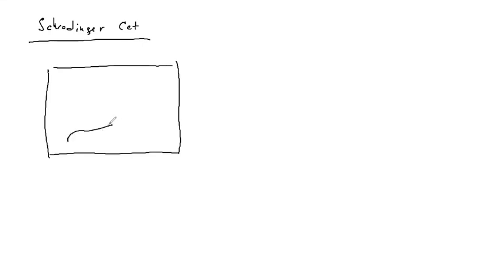So now I have to draw a cat and I'm not sure how to draw the cat. Cat, yeah. And you have a poison. And you have a lock on this poison.